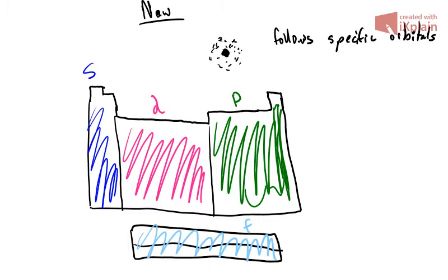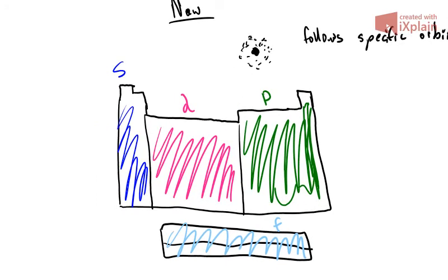SPDF. Also, these orbitals have specific energy levels, and they go by the period of the periodic table. So 1, 2, 3, 4, 5, 6, and so on.